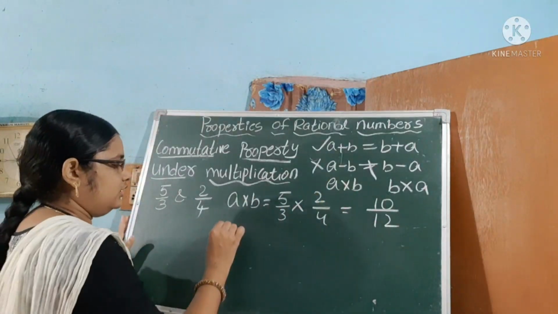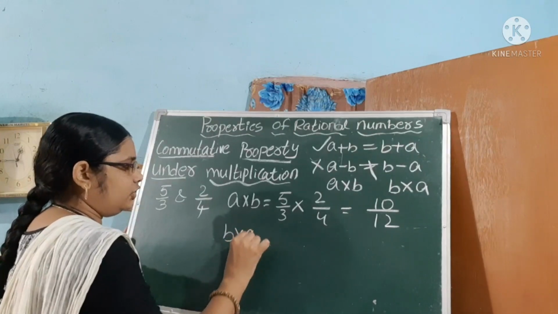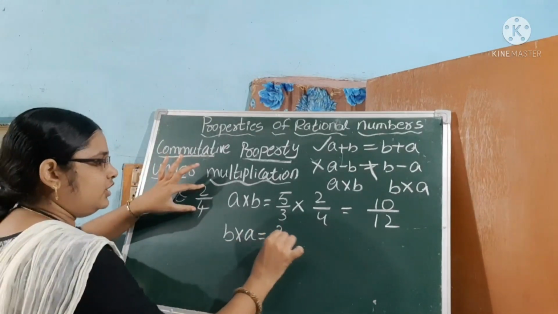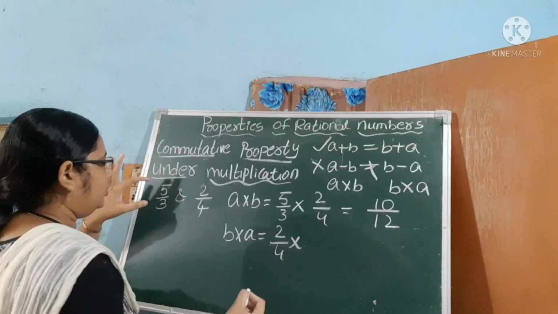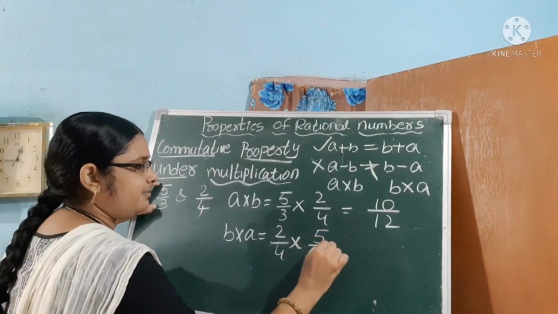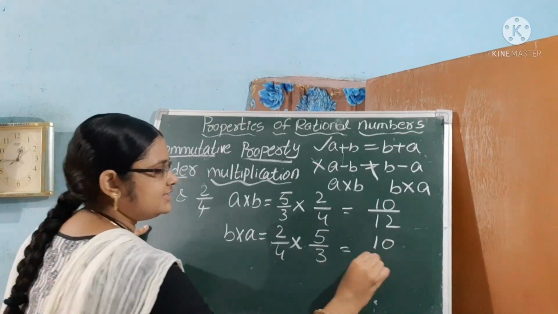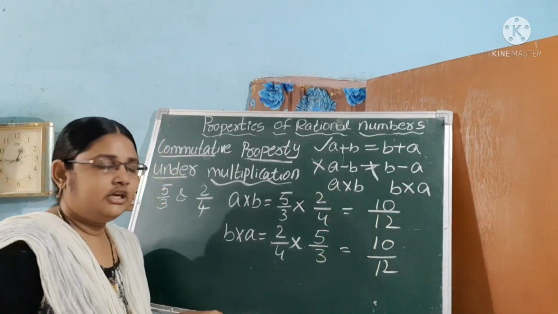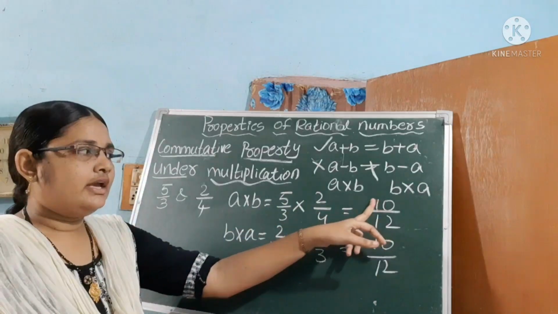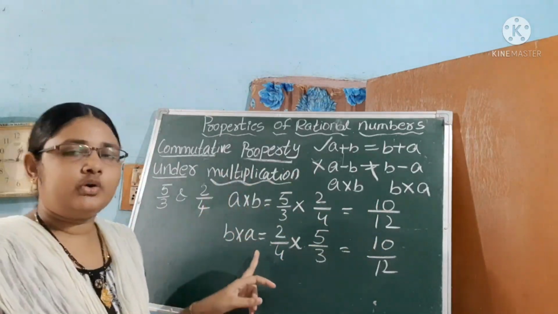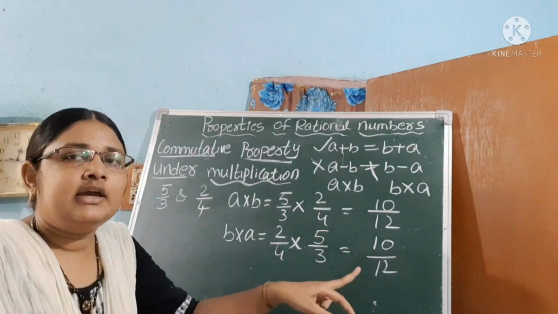So let us check the RHS. That means B into A. B value 2 by 4 into A value 5 by 3. 2 5s are 10, 4 3s are 12. Here A into B is 10 by 12 and B into A is also 10 by 12.